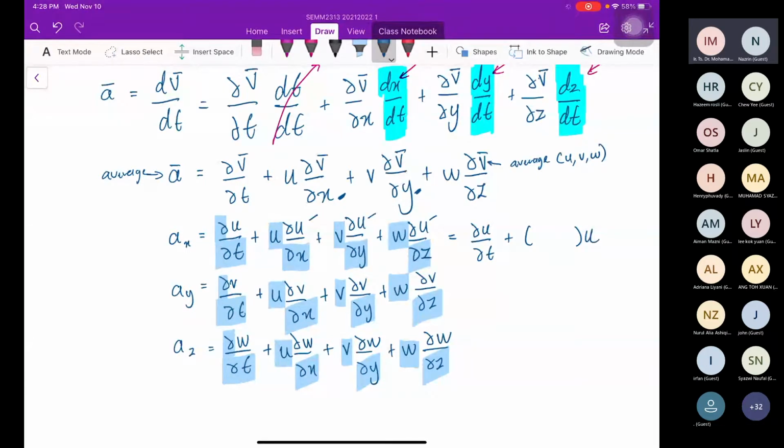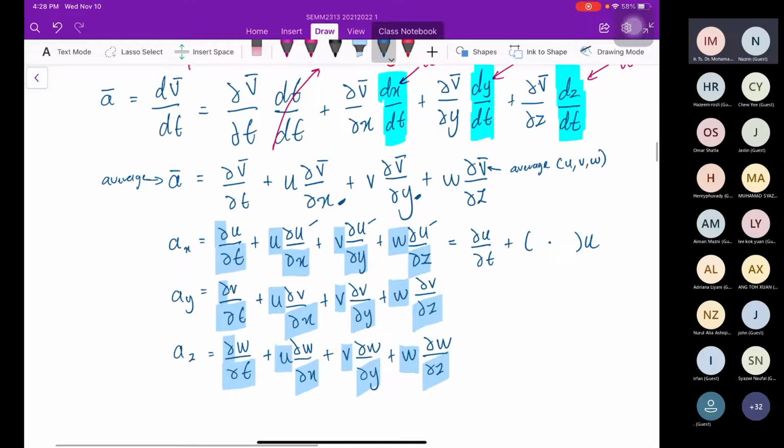And then inside here, basically, it is partial derivative over partial derivative of x. And this is V average. V average means the combination of U, V, and W.